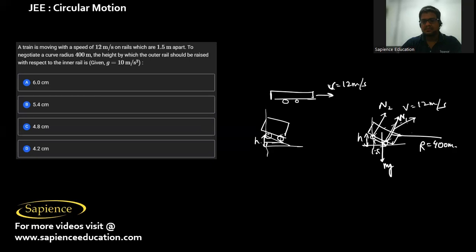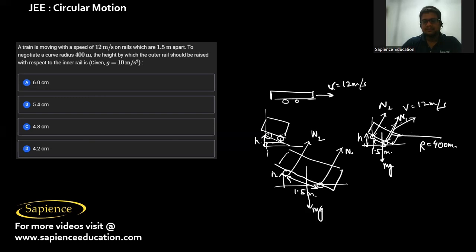This length is 1.5 meters. Actually, what is happening? This is the inner rail, this is the outer rail. This length is 1.5 meters. This is height h, and this is mg. This is N2. This is N1. And obviously, frictional forces are acting on the wheels, F1 and F2.